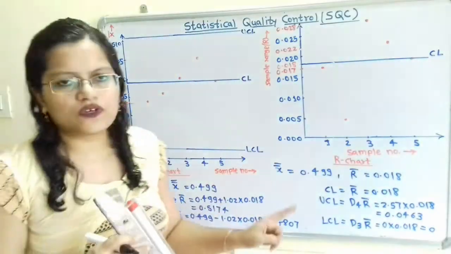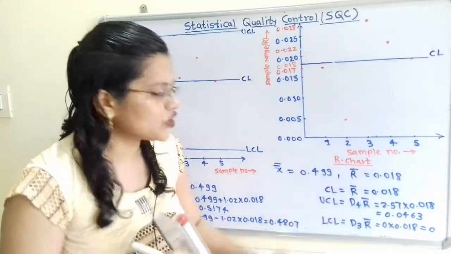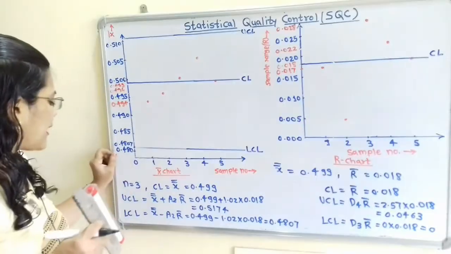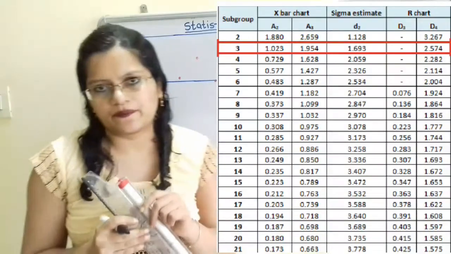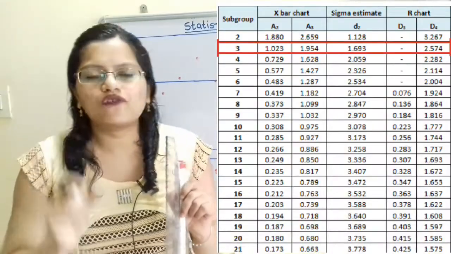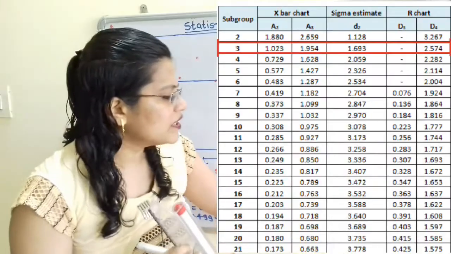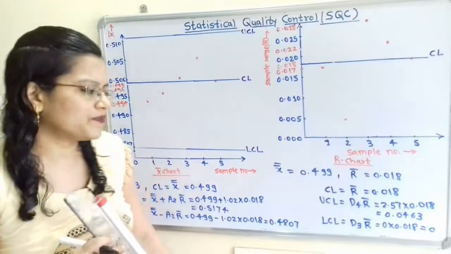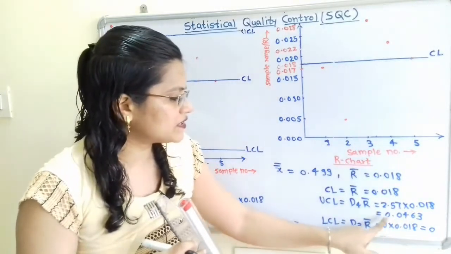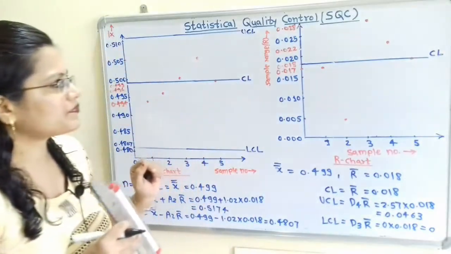Then the upper control limit. For this upper control limit, again we have to refer to the sample size. The sample size n is equal to 3, and for the upper control limit we will refer to the value of D4. If we observe this chart, the value of D4 is 2.57. So what is the answer? 2.57 into 0.018, which is equal to 0.0463.